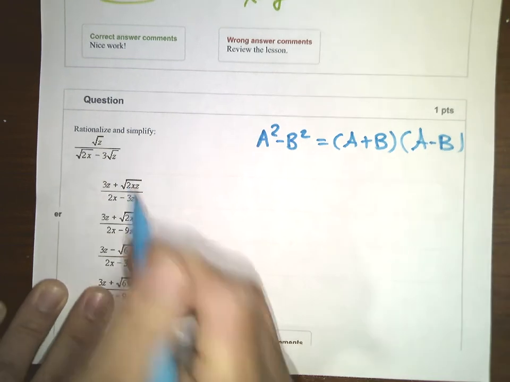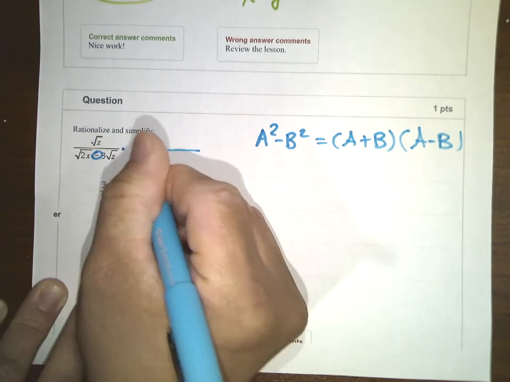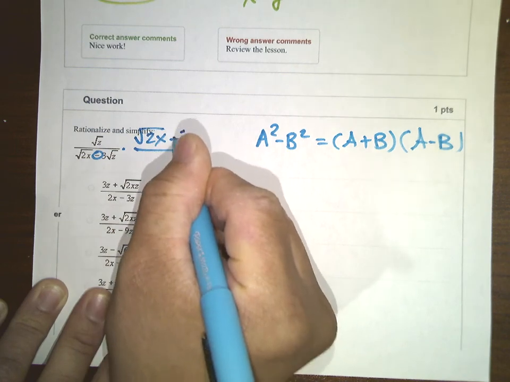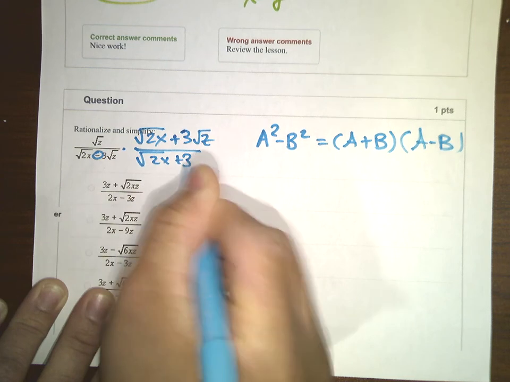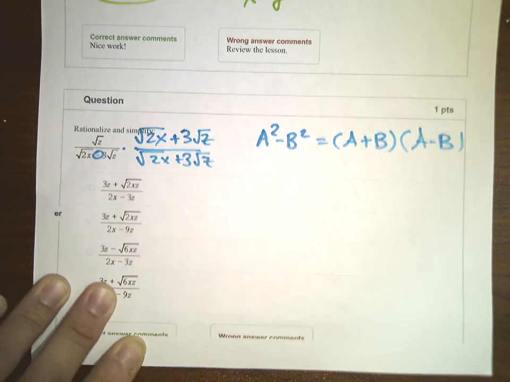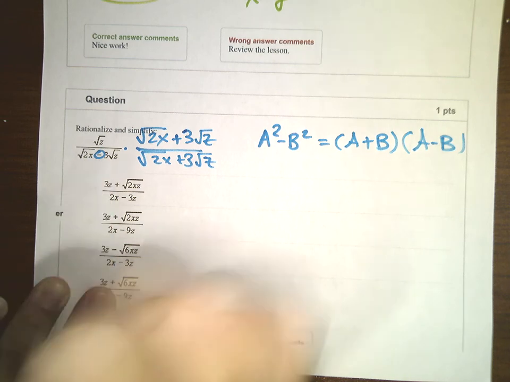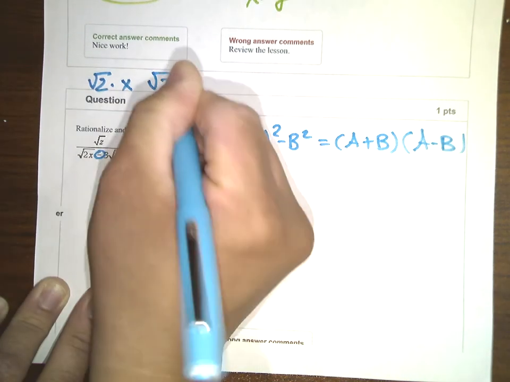So now we see that here is a minus, so we'll need to multiply by the conjugate, which is square root of 2x plus 3 square root of z. The one thing that I do want you to notice is that the x is under the square root, so it's not square root of 2 times x, it's square root of 2x.